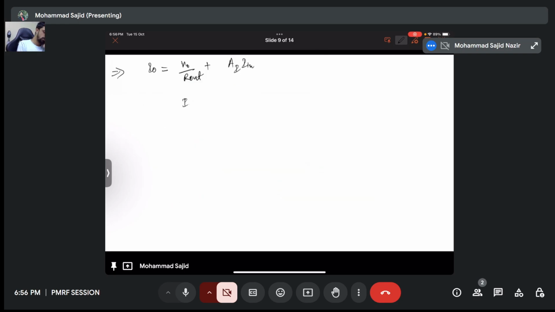Also, I have I input plus I beta, that is I feedback 0. This implies I input is equivalent to I beta, that is minus beta times I F, that is minus beta times I naught. So I input is minus beta times I naught.